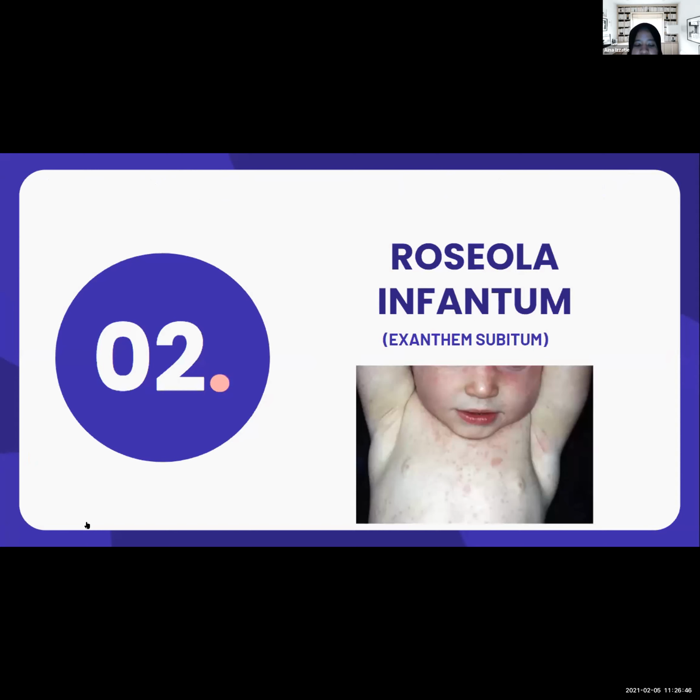Okay, the next one is Roseola infantum, also called exanthem subitum. Exanthem means eruption or rash on the skin, and exanthem subitum simply means sudden rash, which is the clinical feature of this disease.